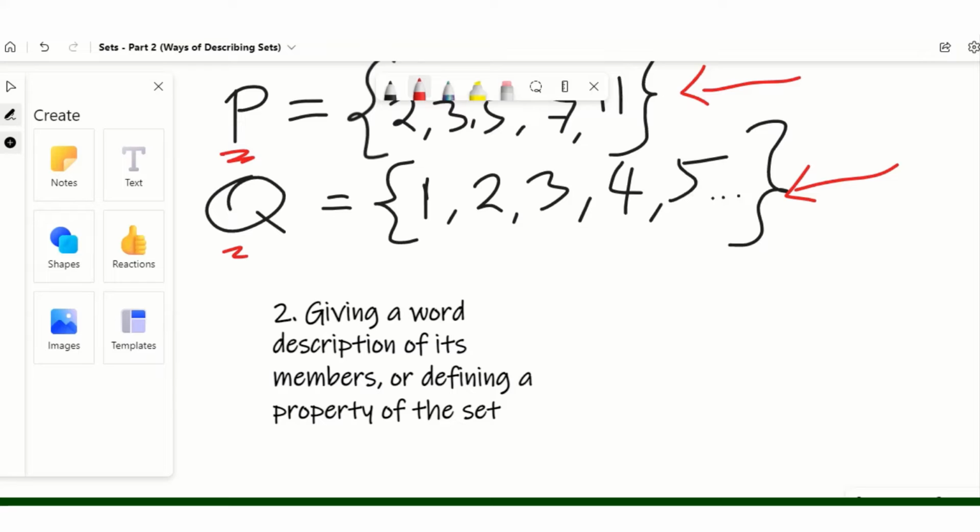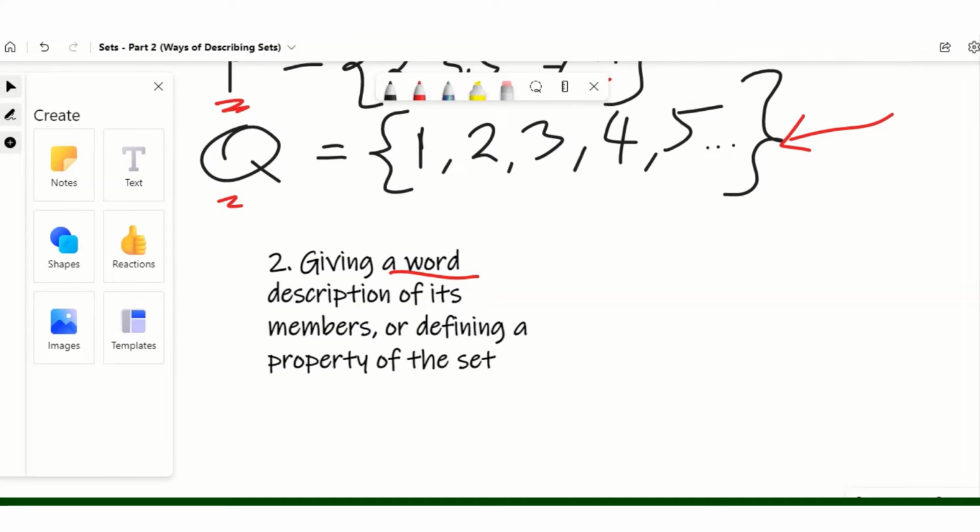Now if you look at this set P, how would you describe it? We are trying to give a word description of the members, or define the property of this set. The members are 2, 3, 5, 7, and 11. What comes to mind? These numbers can only be divided by themselves and 1. That means they are prime numbers.